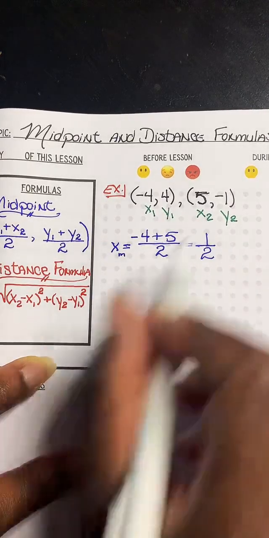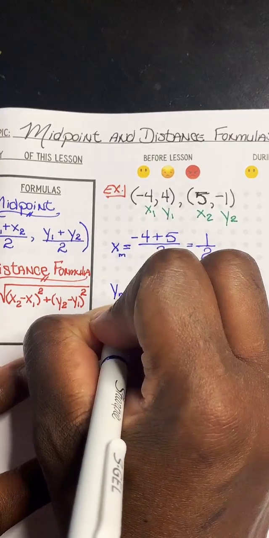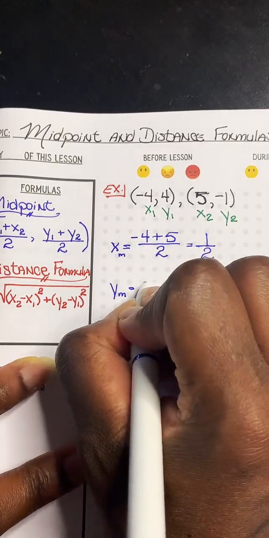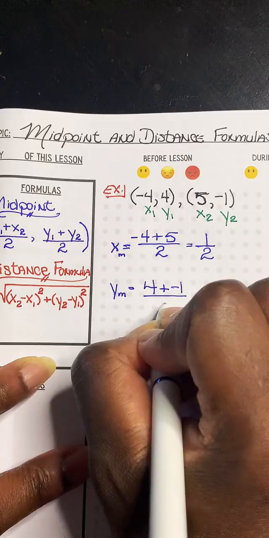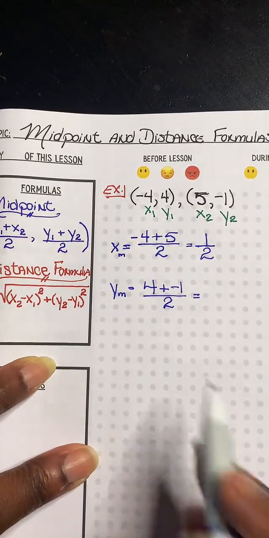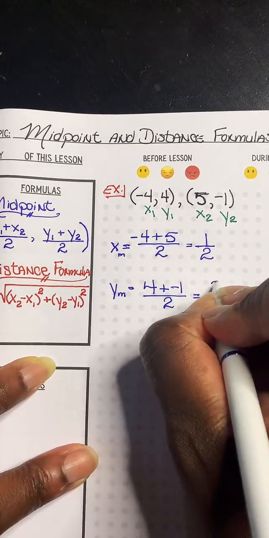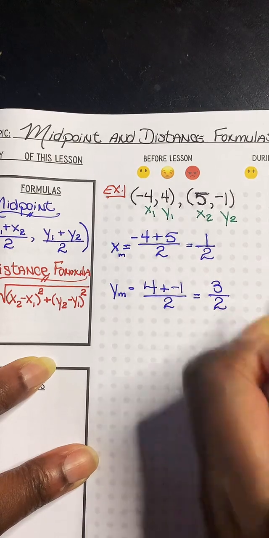Now I want to find my y. To find the y of the midpoint, I have my y1, which is 4, plus -1, divided by 2. So 4 plus -1 gives me 3, and I put it over 2.